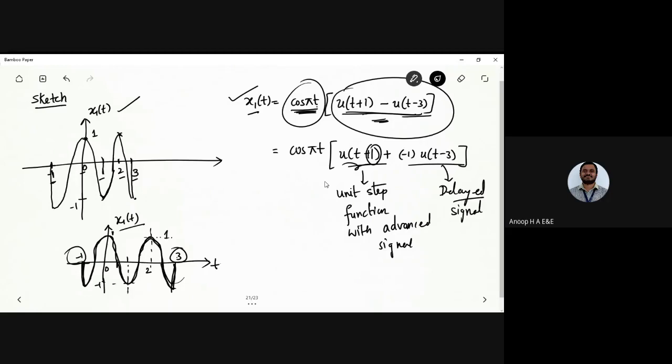Now I don't know the value of t, but the signal x1 of t terminates before t, so t would be -1, or values like -2, -3 and so on. So what I meant was, for t less than -1, x1 of t would be equal to 0. Okay, so for t less than -1, x1 of t is said to be 0, right?